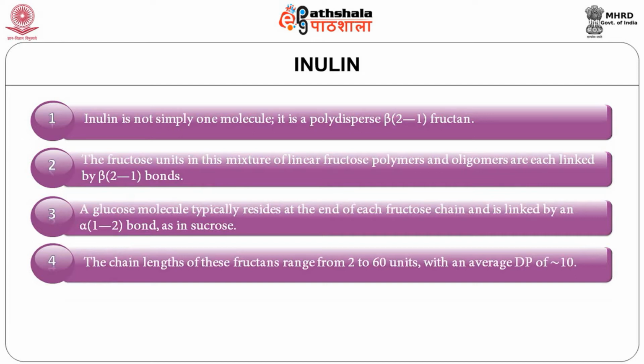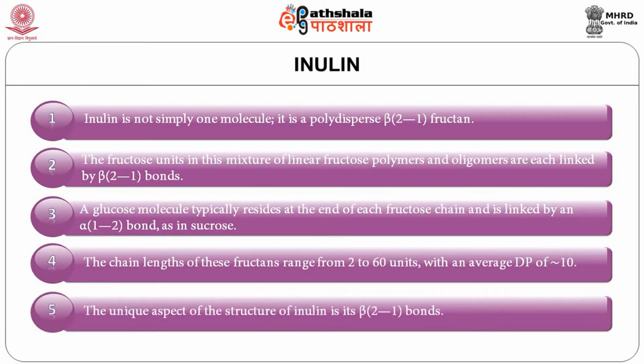The unique aspect of the structure of inulin is its beta-2,1 bonds. These linkages prevent inulin from being digested like a typical carbohydrate and are responsible for its reduced caloric value and dietary fiber effects.